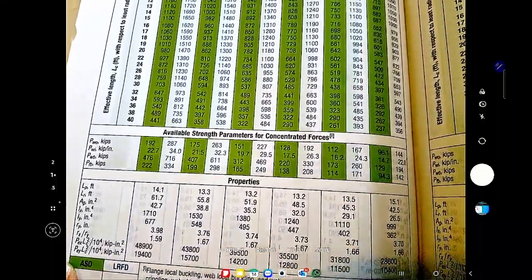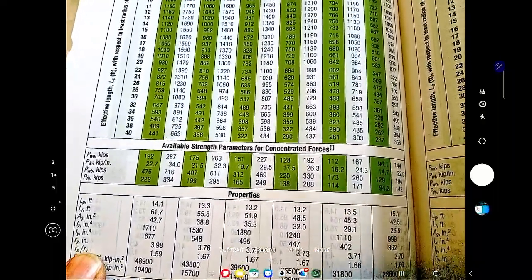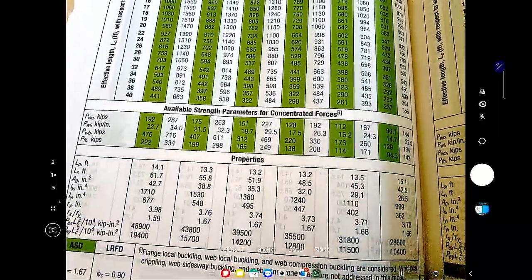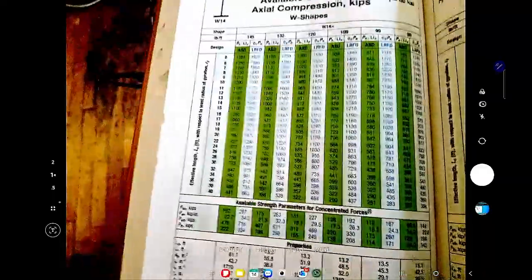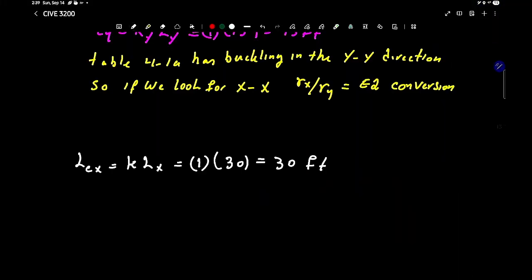and if you go right there, you have rx divided by ry, and it's 1.66. Our rx divided by ry, I think it was 1.66. Yes, it was 1.66.